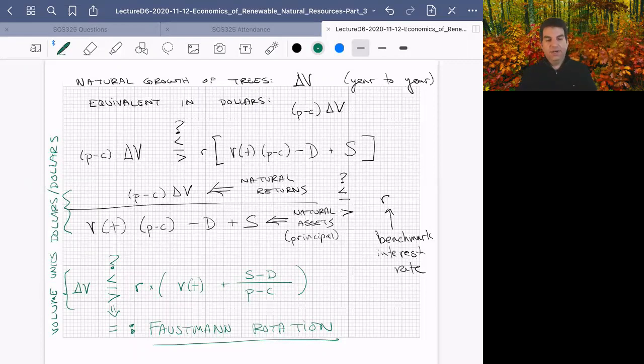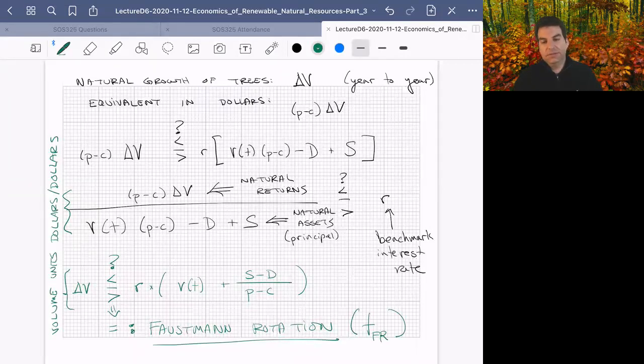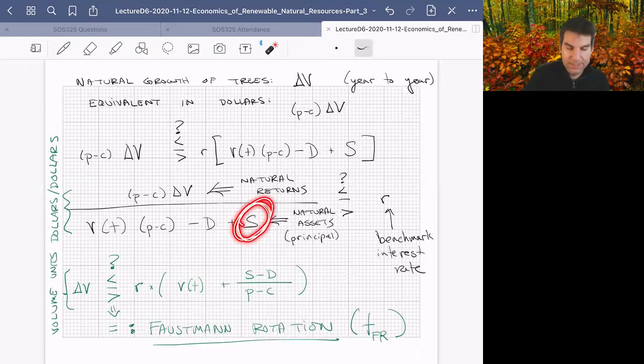And that's where we've been so far. So are there any questions about that, which we've also called TFR? And does it make sense, this idea of the land holding value?